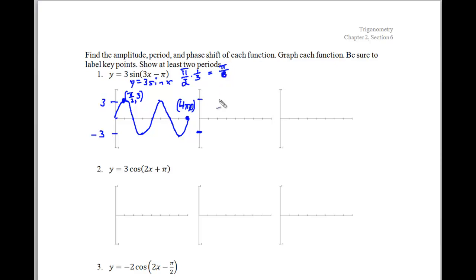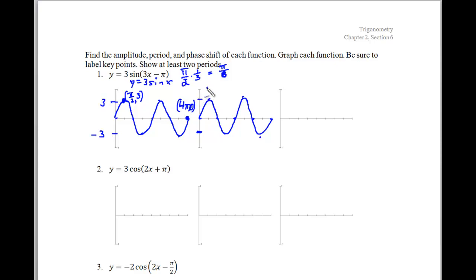And that's important because I can count by those pi over 6 and get the new locations for my 2 cycles of this graph. Now I, again, prefer to choose this picture here, and again, it's not going to look 3 times faster than the picture on the left, but what it will do is give me my 2 cycles and let the points actually do the work of the problem.